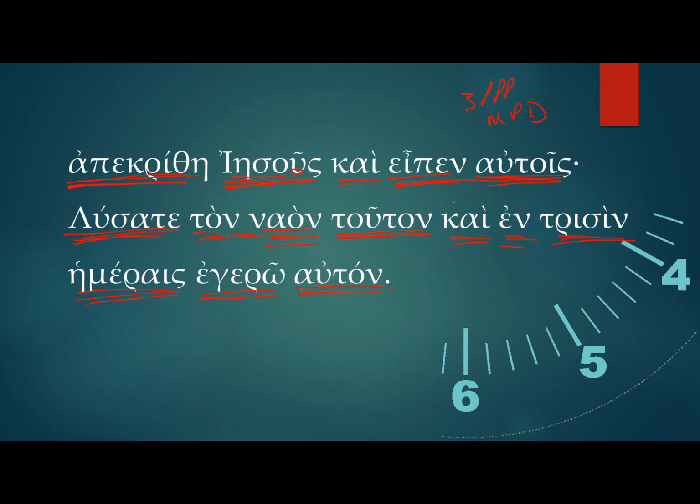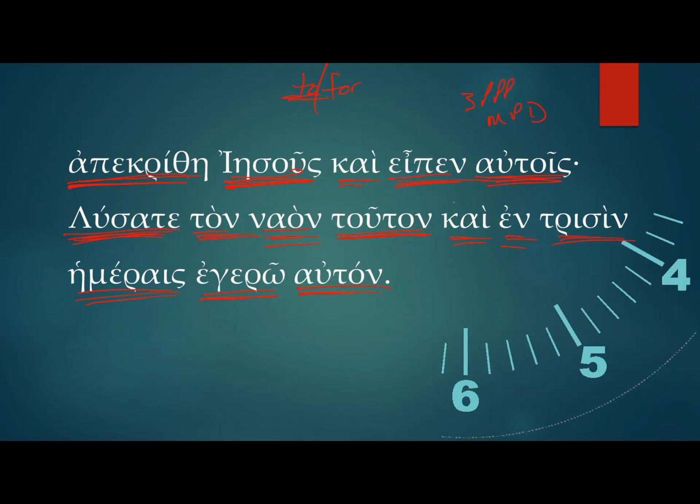And with the dative, we'll use the helper word in translation, to or for, depending on the context. So Jesus answered and said to them. Okay, so this is functioning as the indirect object here.